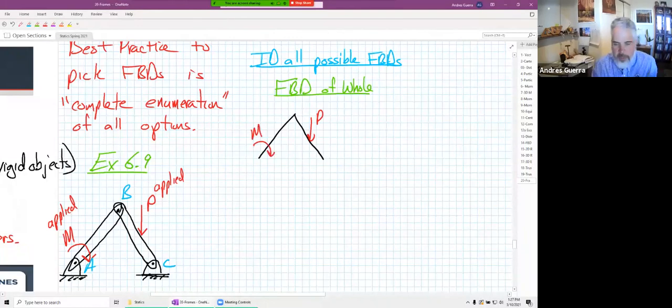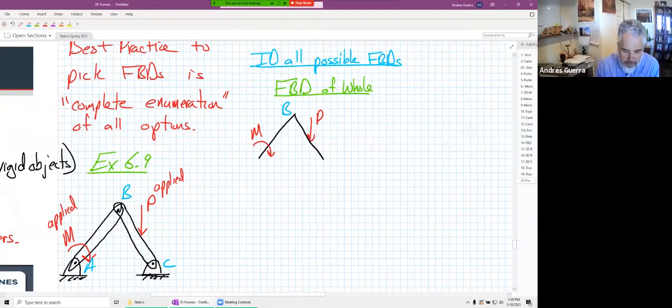It looks like it's applied pretty much at A. We can assume it's applied pretty much at A. And so everything up here at B is internal. I didn't remove that pin, kind of like with trusses. If we didn't cut through a truss member, well, it didn't matter what was going on there. We didn't expose those forces. Well, same thing at this pin, we left it internal. And so there could be 1,000,000 pounds in there, or there could be 0 pounds. It doesn't matter because we didn't expose those.